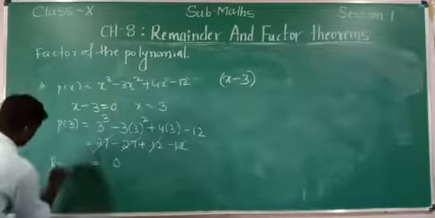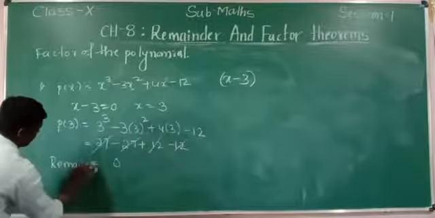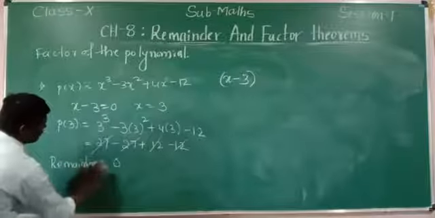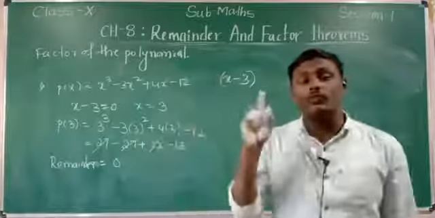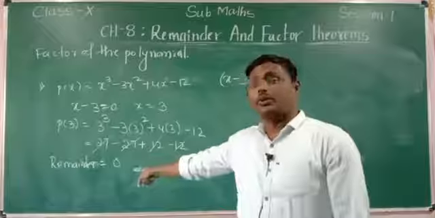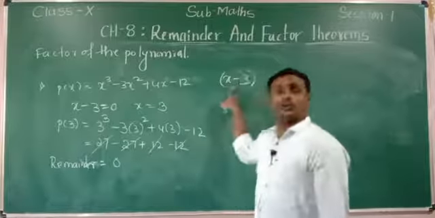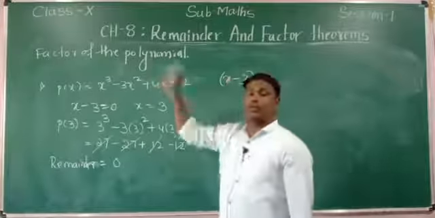So the remainder is 0 here. If I get the remainder of any expression as 0, then the substituting value is called a factor of the polynomial.